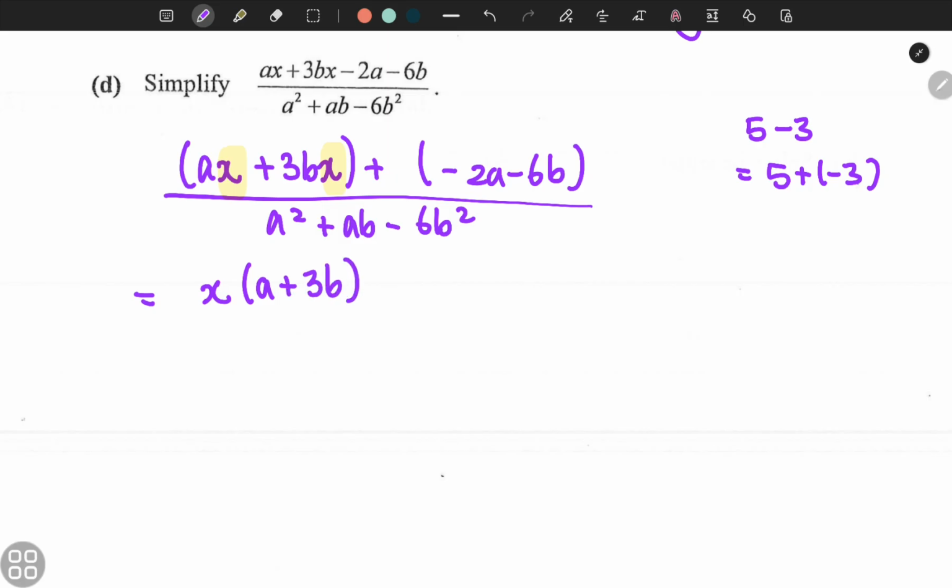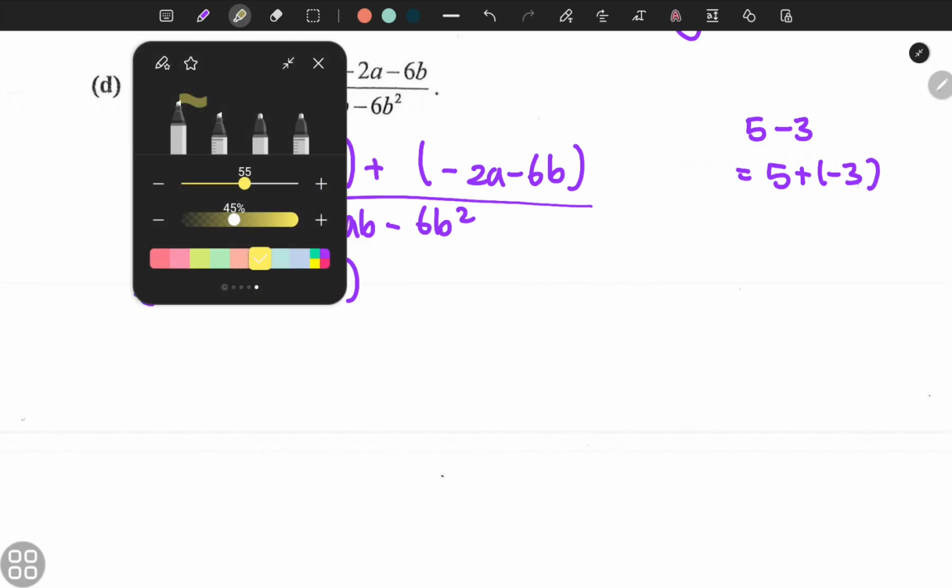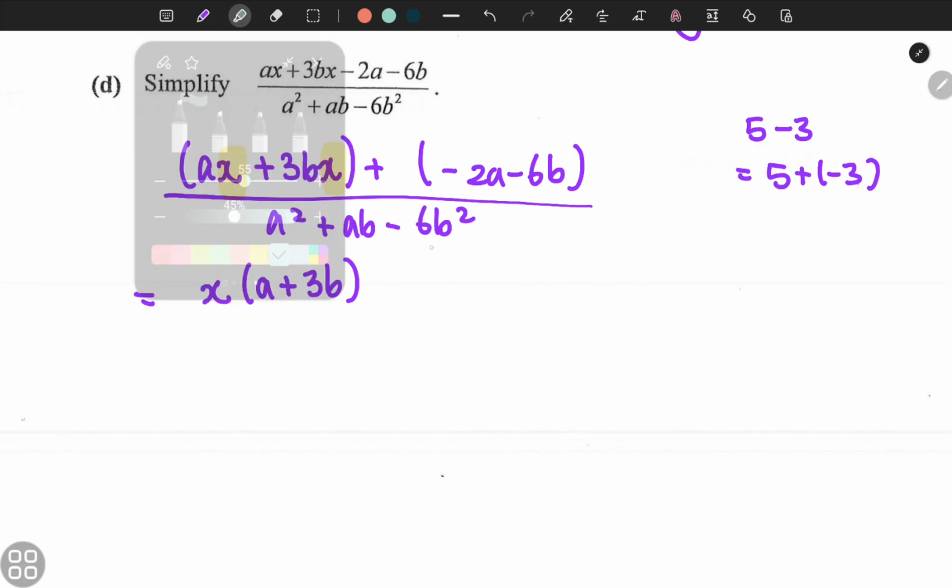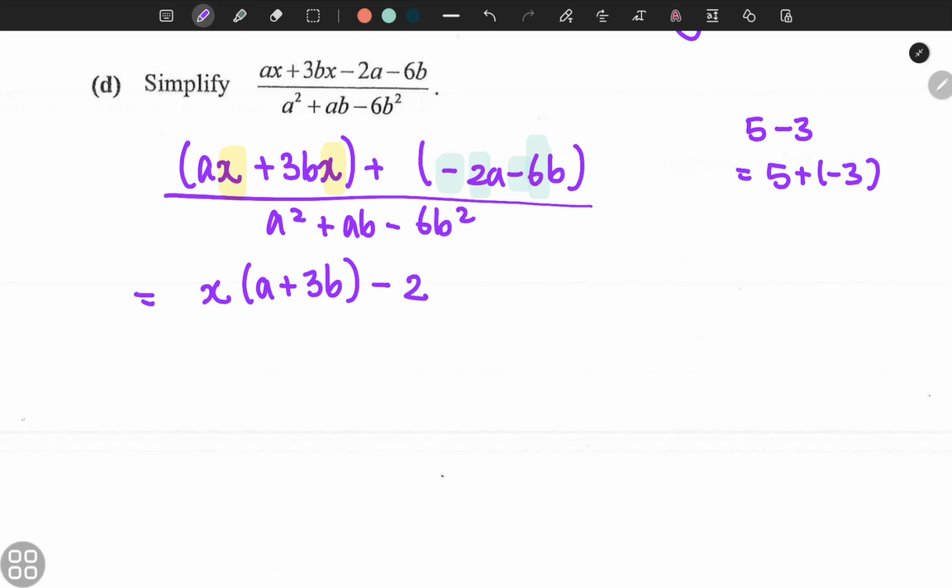Similarly, I look for the common factor on the right hand side, I mean the later portion of the numerator. I see that both of them have negative, and then 2 is a common factor. So I'm gonna factorize out negative, I'm also gonna factorize out 2.